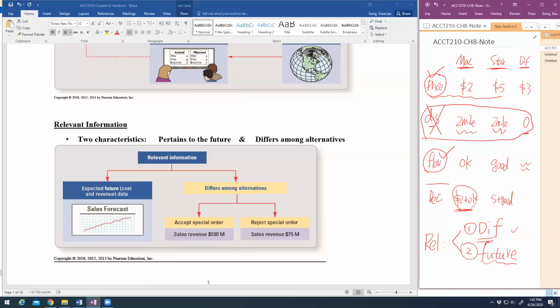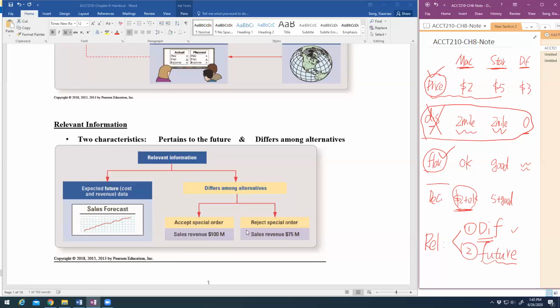So if it's already happened, that is called a sunk cost. You can never go back to the time it happened and make changes, so that will never be relevant. Things that happened in the past will never be relevant.